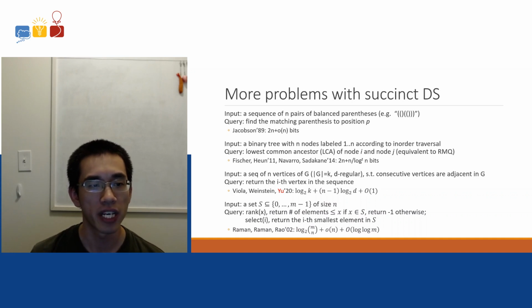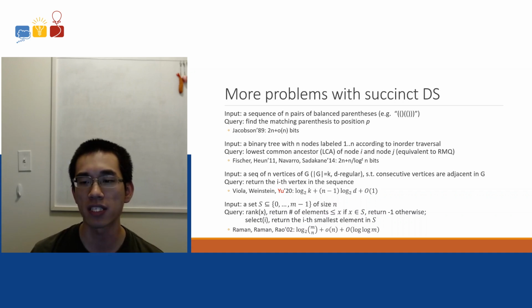And the second query is select i, which is the inverse of the rank query. Given this index i, we'd like to return the ith smallest element in the set. And it was shown that you can solve this problem also succinctly using little o of n plus log m extra bits. So on this slide, I'm only showing a small number of examples, and there are many other problems that admit succinct data structures.